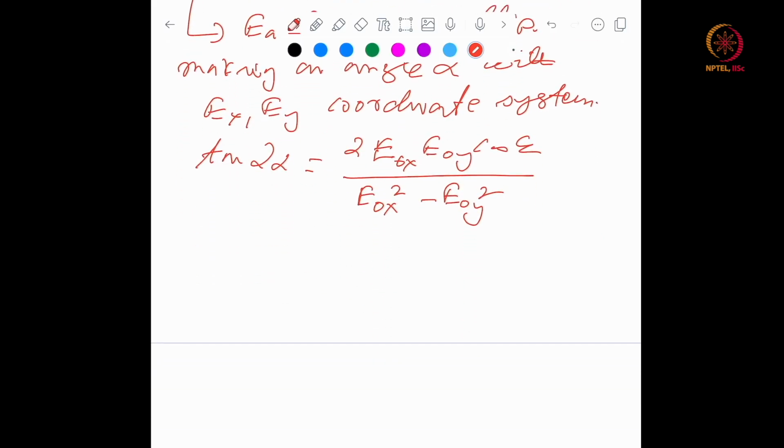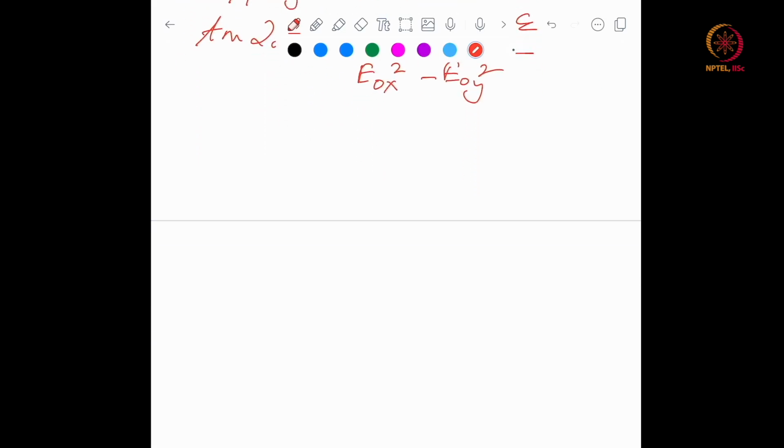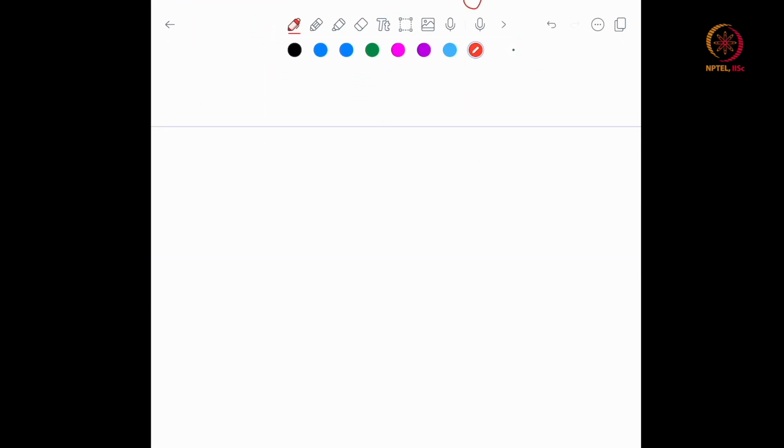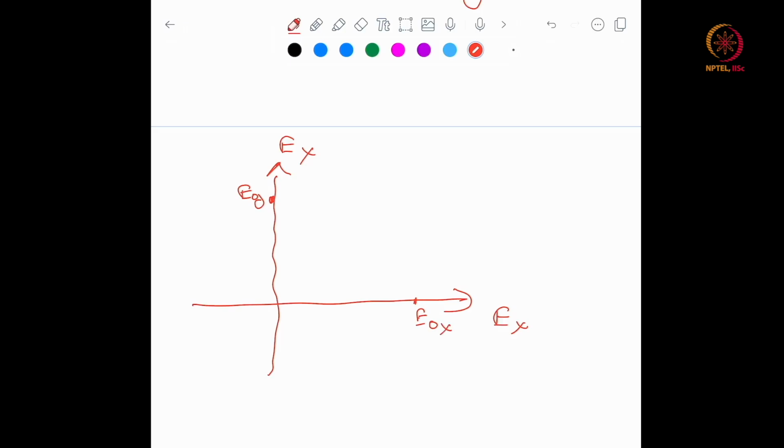In other words, if I try to draw it properly, these are the Ex, Ey axes, and this is E0y, E0x.